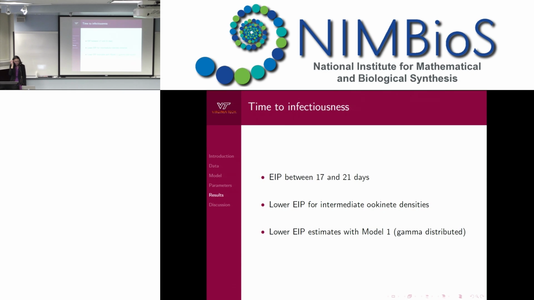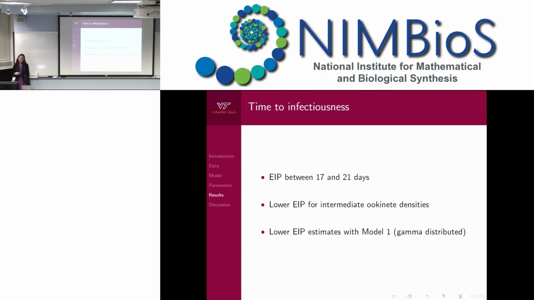So ultimately, in this data, we fit an EIP that's somewhere between 17 and 21 days, depending on the ookinete density that we're looking at. We had much later times to infectiousness for our lowest value of ookinetes of 100, and our highest value of ookinetes, which is about 4,000.